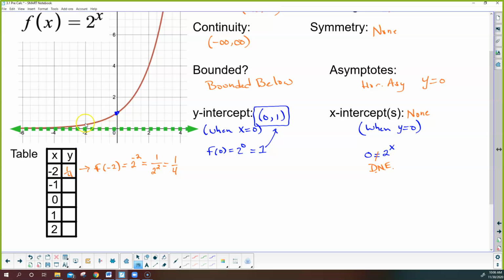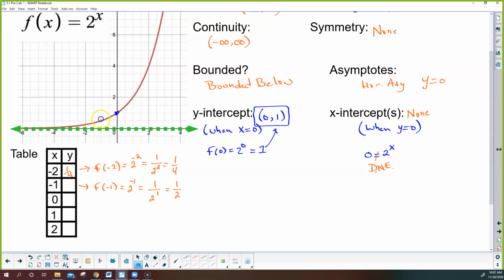So if I go over 2, you can see I went up 1/4. Well, same thing here. What if I do -1? That negative exponent is going to put it in the denominator and make it a positive power. So now it's 1 over 2 to the first power, or 1/2.